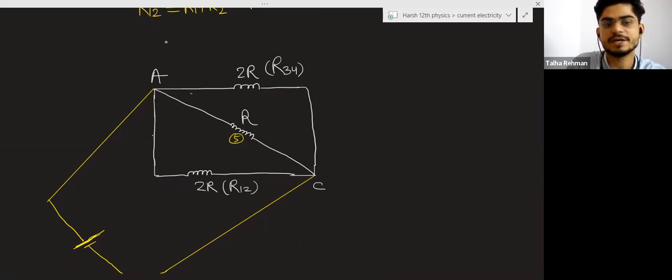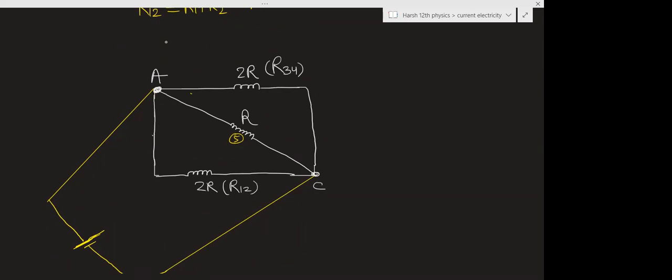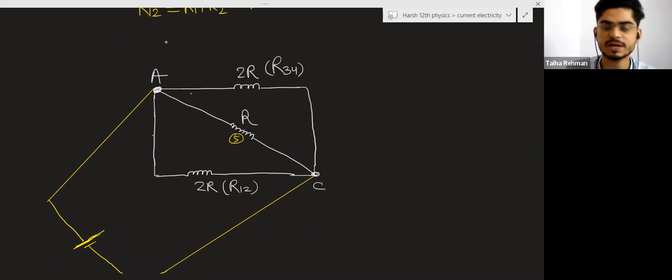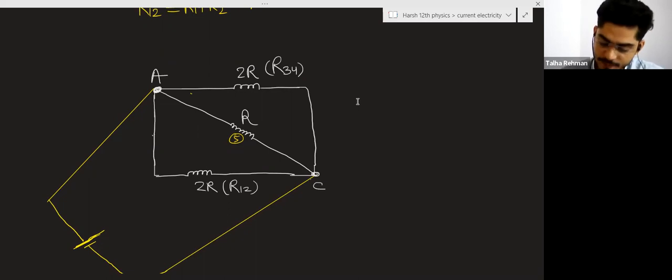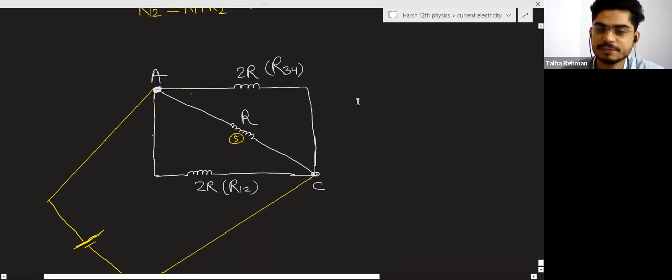Now you have to identify. See the points A and B. Are all the resistances connected end to end or not? So which combination are all the resistances in? Series? No, parallel. End to end connection means parallel. I have told you about end to end branching.